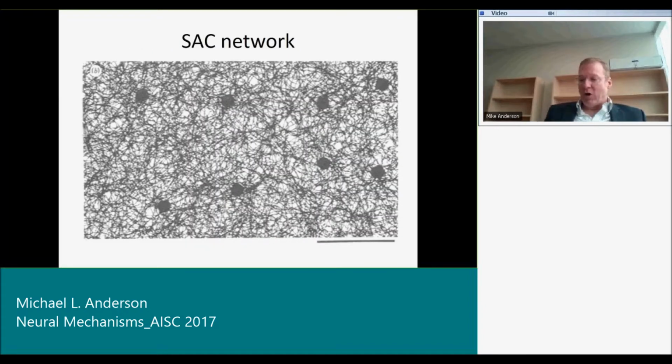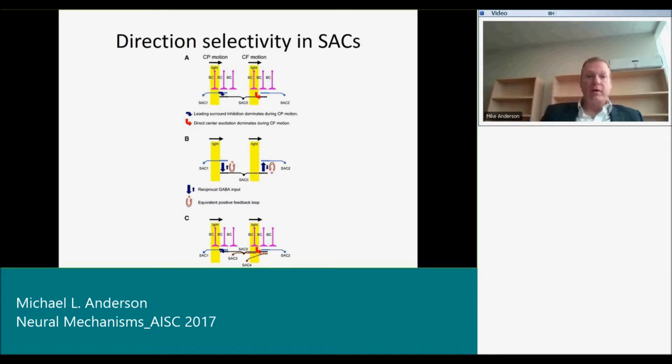An important thing to know about Starburst amacrine cells is they are in a very densely interconnected and overlapping network, as you can see here. Why is that important here? Well, it turns out that what makes Starburst amacrine cells directionally selective, and I won't go into too much detail here because the point is simple. The mechanism is complex, but the point is simple, is that you get bipolar cells.